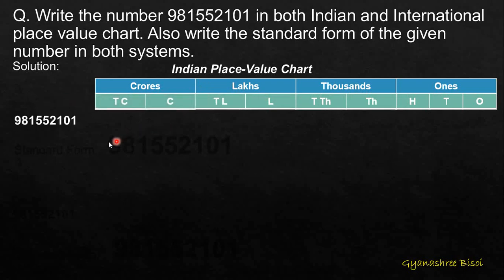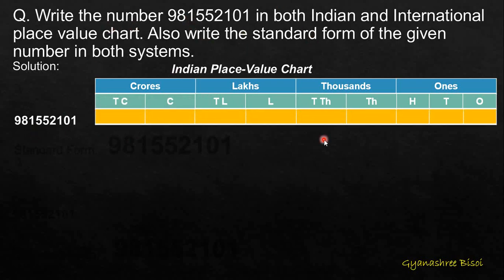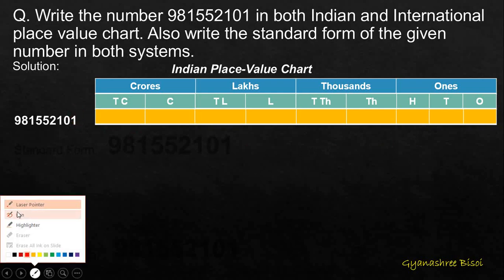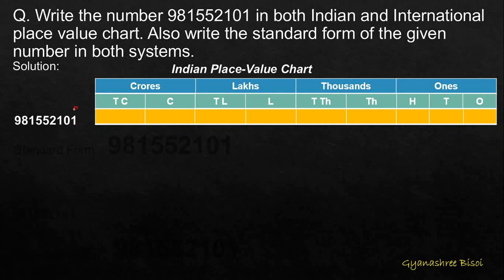Let's take the number which has been given to us and extend the table. Now we will place the digits in the Indian place value chart. From the rightmost, this is the ones place, then tens, then hundreds.